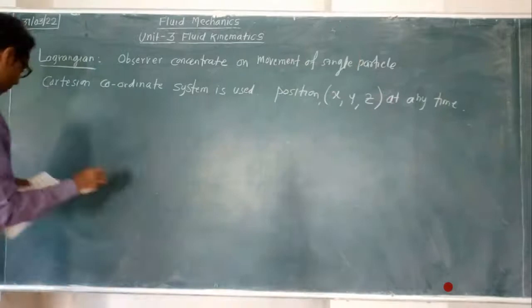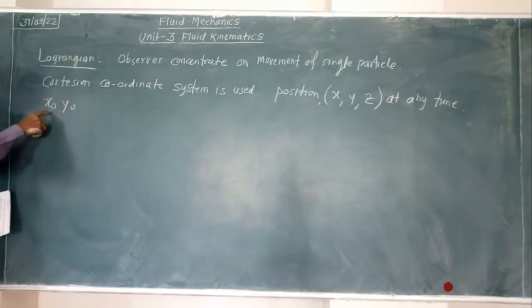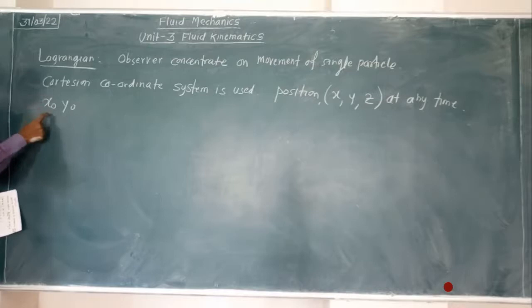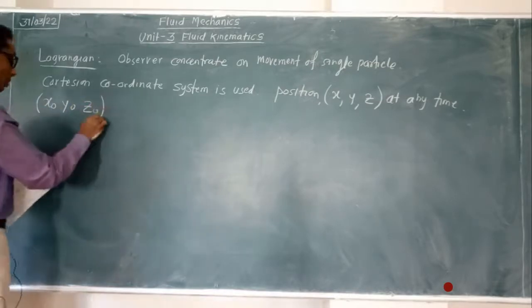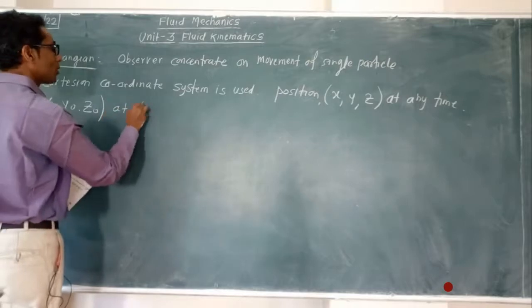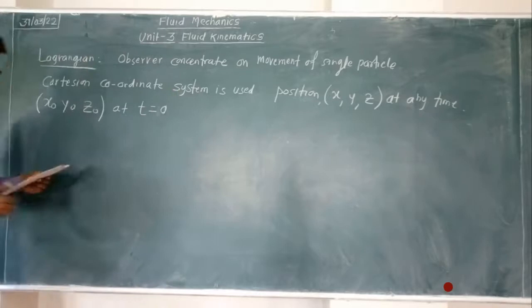Okay, so here the original position is denoted by 0. Original means what? Zero distance: x0, y0, z0. This is the original position, and at that time will be what? 0. Initially time is 0.